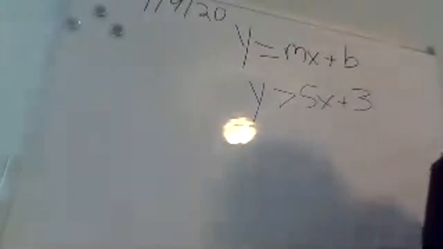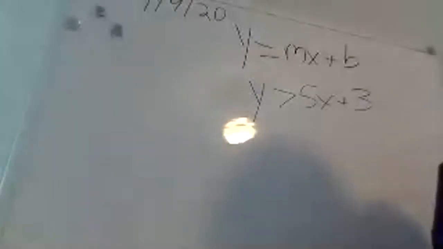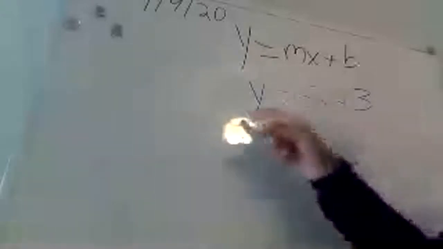Everybody have that? Okay, so it's going to be y is greater than 5x plus 3. I know that the video comes in and out, so I'm also going to say it out loud.